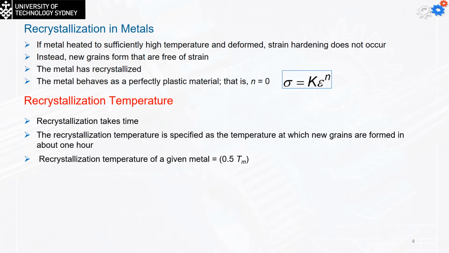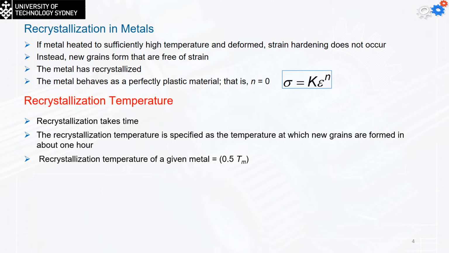Now we talked about recrystallization in metal. The definition is: if the metal is heated to a sufficiently high temperature and then deformed, strain hardening does not occur. That means it's not going to need a higher stress to form the metal.